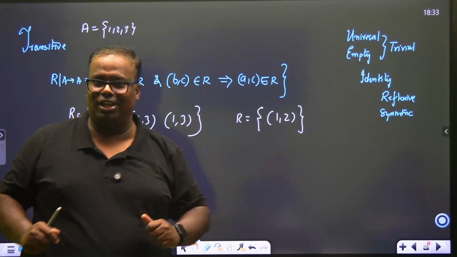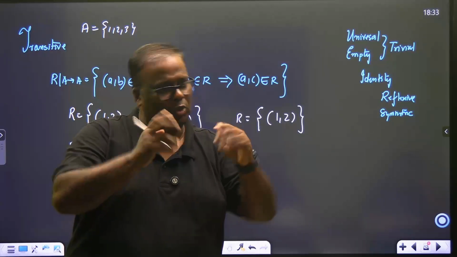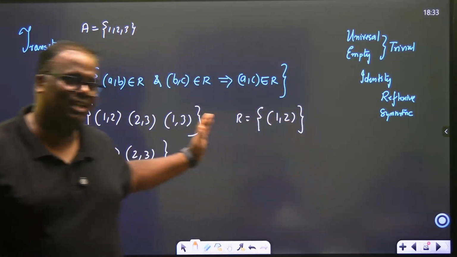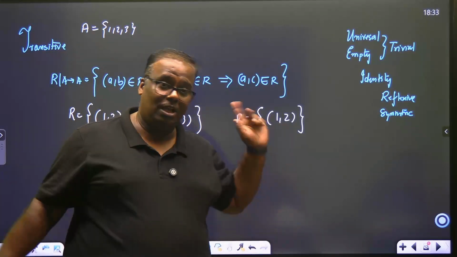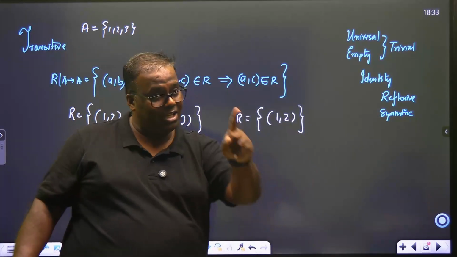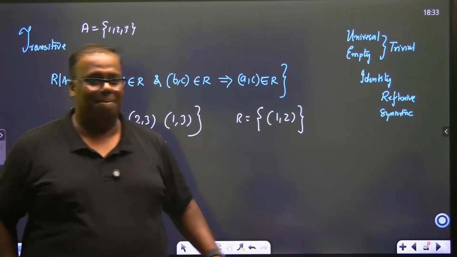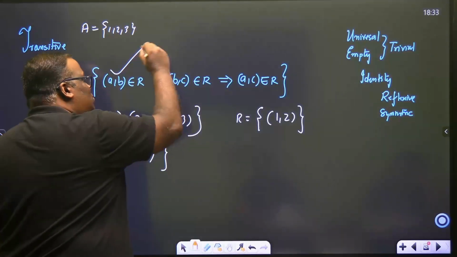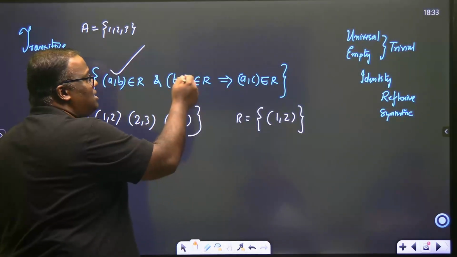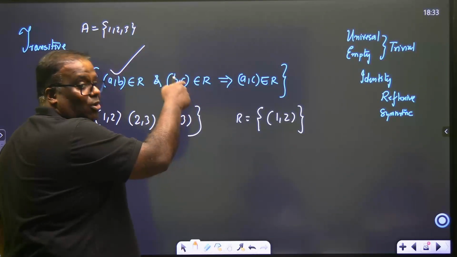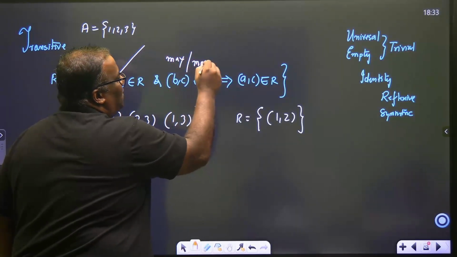What does transitive say? Do you have (a, b)? If (a, b) is there, you are transitive. But if there is a (b, c) along with (a, b), then (a, c) has to be there. It's transitive. It's very easy to understand in Hindi. If this belongs to R and this may happen, may not happen, may or may not.